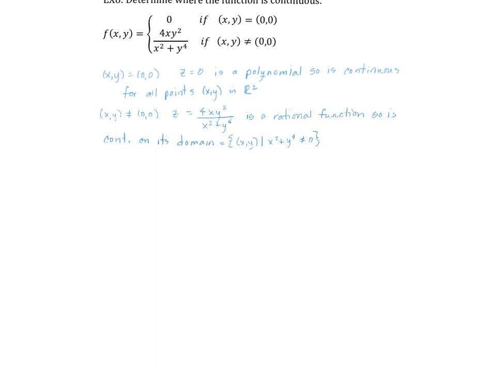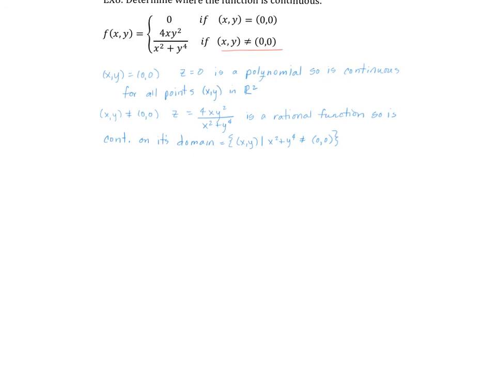However, I probably shouldn't have written this as equal to 0 because these are points x and y, so it should be not equal to the point 0, 0. But we're fine because in our definition, we're assuming that the point's not equal to 0, 0. So it's continuous on those two separate pieces.